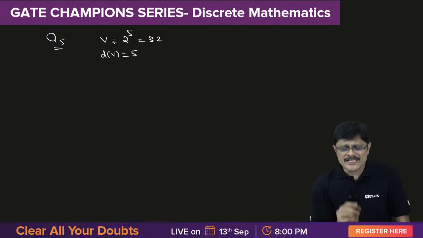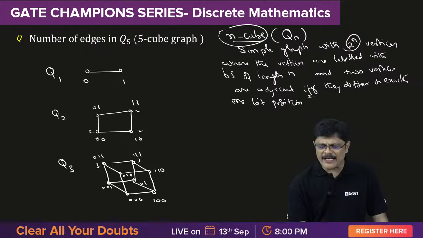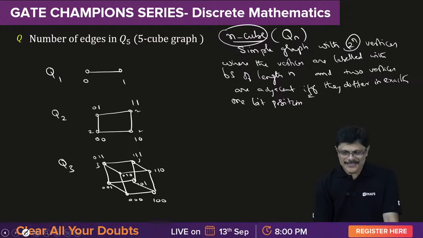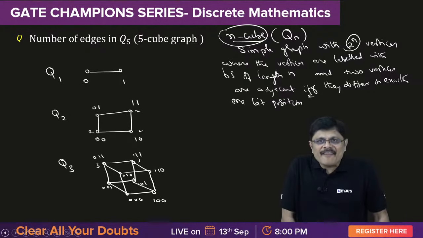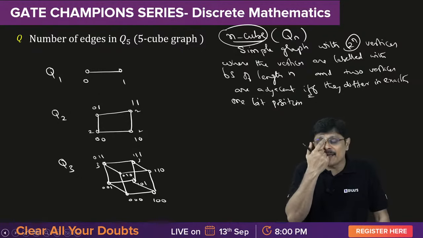See, 2 power 5, I just told you. Here I gave the definition: a simple graph with 2 power n vertices. 5 cube means a simple graph with 2 power 5 vertices. The n cube is a simple graph with 2 power n vertices, whose vertices are labeled with binary strings of length n, and 2 vertices are adjacent if and only if they differ in exactly 1 bit position.